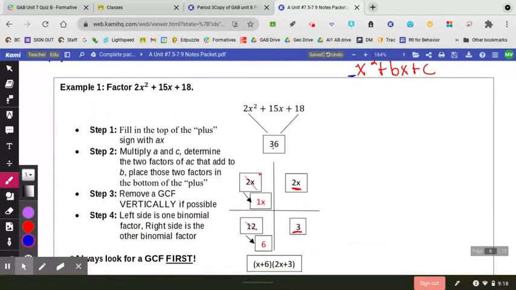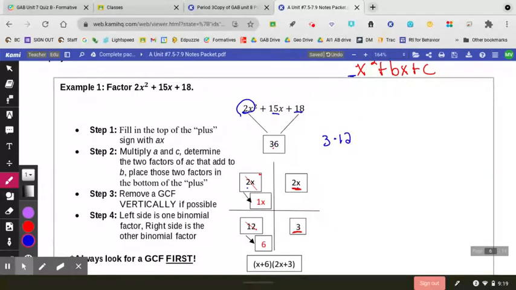So to factor 2x squared plus 15x plus 18, first thing I do is I multiply 2 and 18, which gives me 36. I then want factors of 36 that add to be 15. So that is 3 and 12. So I break this up into a plus sign. I take 2x squared and write that as 2x and 2x.